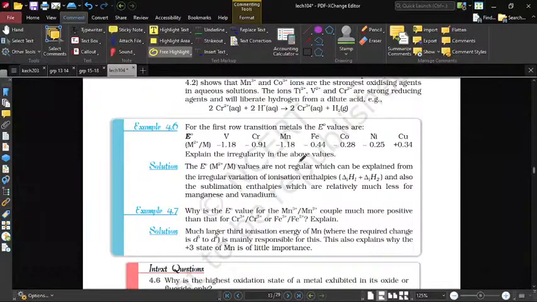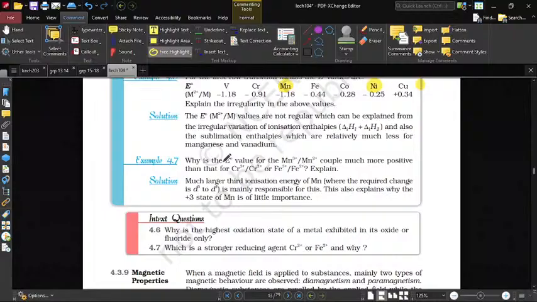Explain the irregularity in the above trend. Here +5 configuration comes, and here delta H hydration is higher, because of this. Zinc's value is not given, but it also has a stable d10 configuration. So it is irregular: here it increased, then again decrease, decrease, decrease, and this increased. Let me read it once. Values are not regular, which can be explained from the irregular variation of ionization enthalpy, delta H1 plus delta H2, and also the sublimation enthalpies, which are relatively much less for manganese and vanadium. Both of them will be the same.